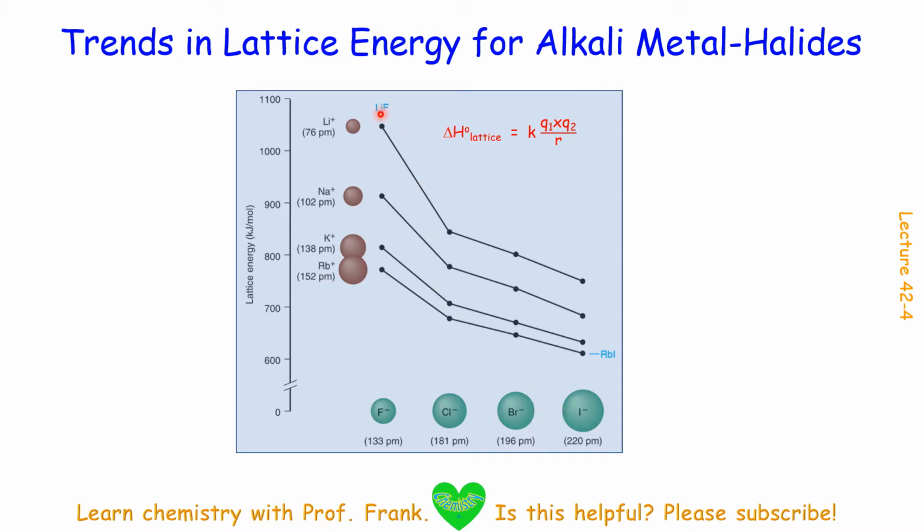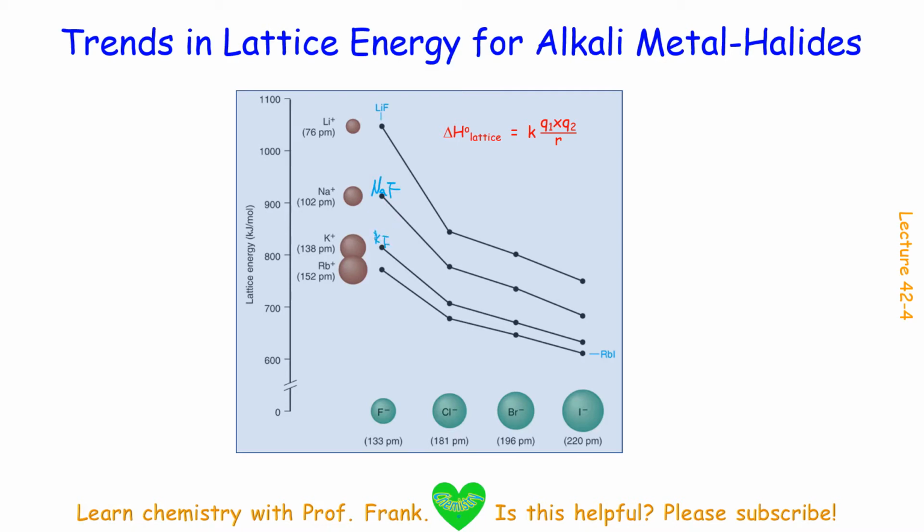First, let's take a look at the series of compounds formed with fluoride. We already have lithium fluoride, and here should be sodium fluoride. Let me write it down. This one is sodium fluoride.